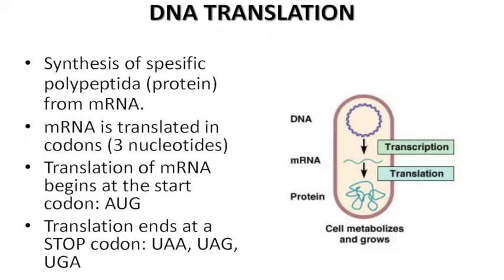That is the synthesis of a specific polypeptide from mRNA, not from tRNA or rRNA, because they have different functions. The product of transcription is 3 kinds of RNA. mRNA is translated in order, 3 nucleotides at a time, and translation of mRNA begins at the start codon AUG and ends at the stop codon, which corresponds to the characteristic of the gene.